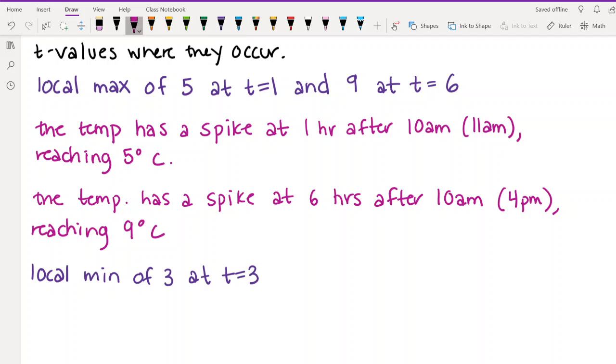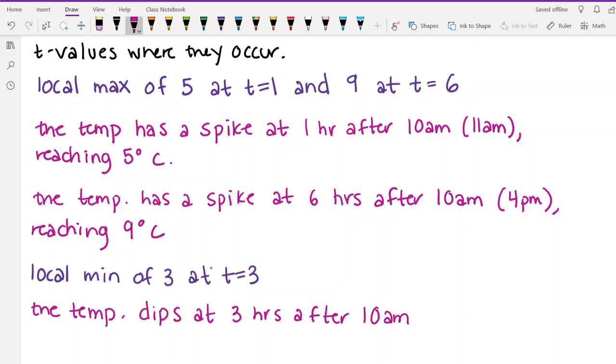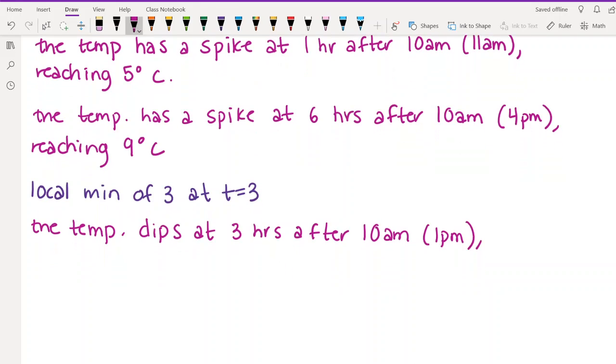And so that tells us that the temperature dips at 3 hours after 10 a.m. So that would give us 1 p.m. And what temperature does it reach when it does that dip? It reaches a temperature of 3 degrees Celsius.